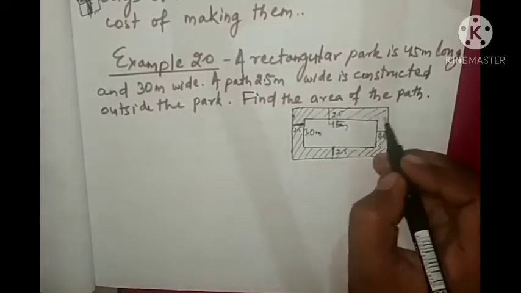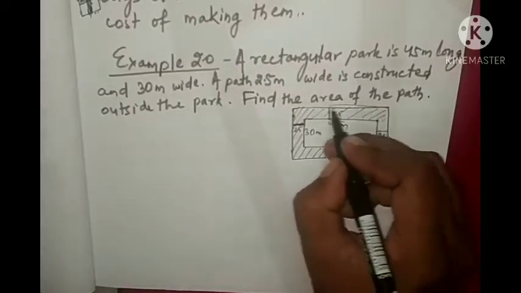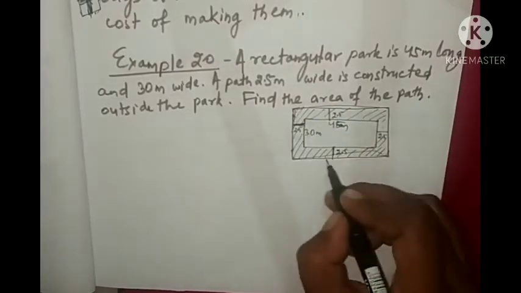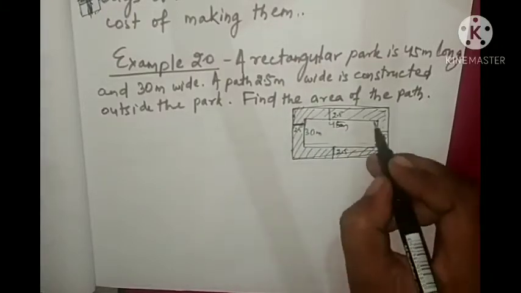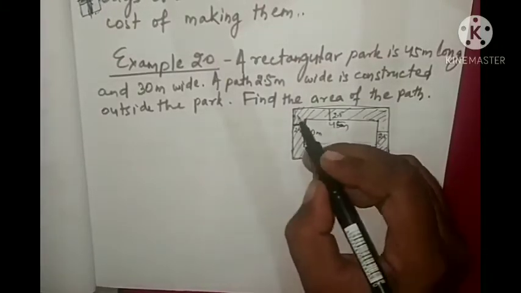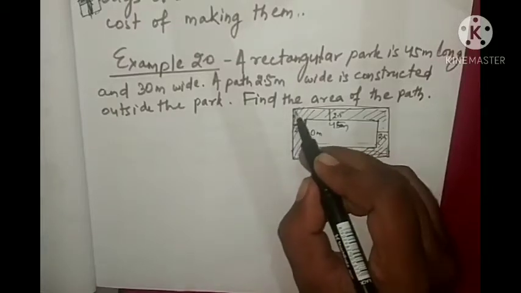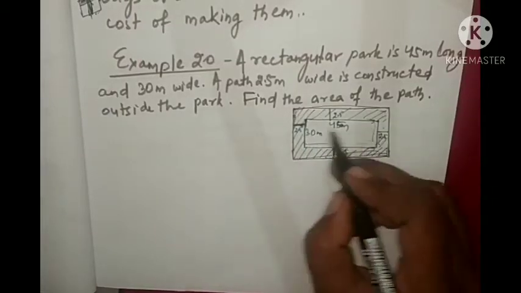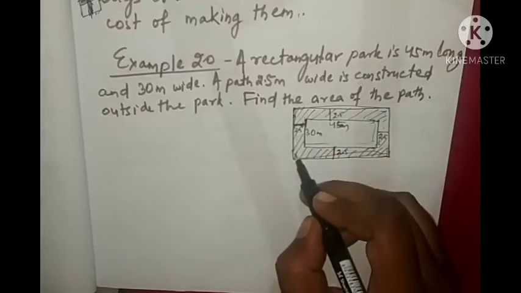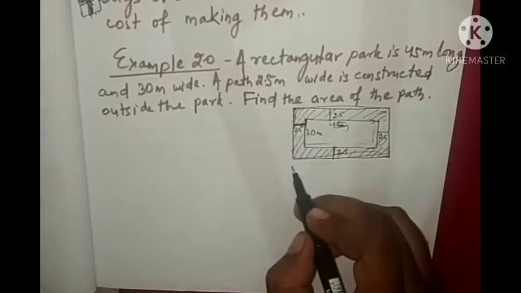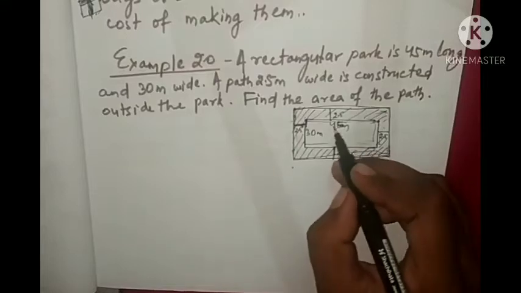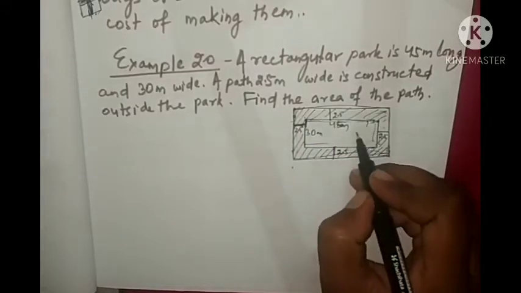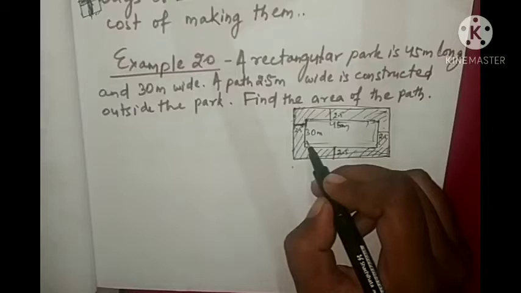For finding the area of the path, you have to find the area of this bigger rectangle and the area of the smaller rectangle, then subtract the area of the smaller rectangle from the area of the bigger rectangle. Here you know the length and breadth of the smaller rectangle.